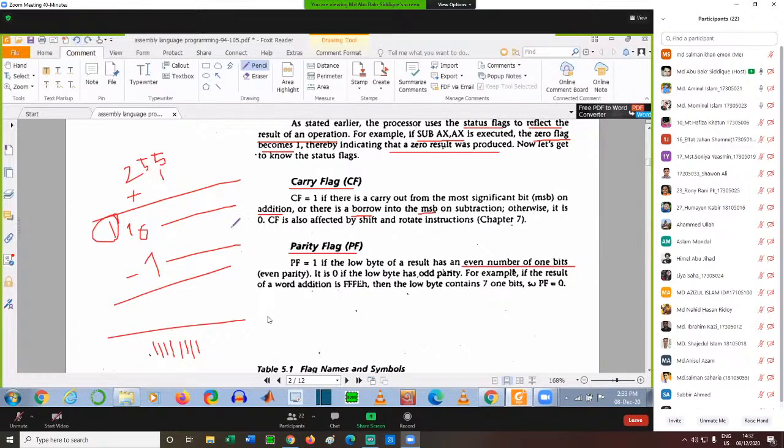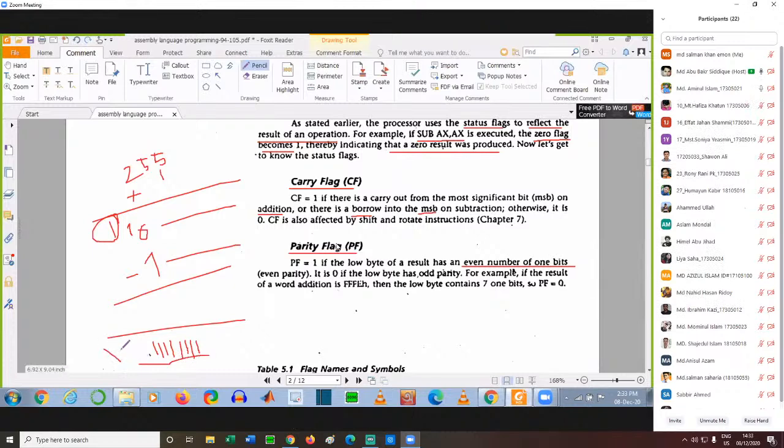Now when will PF equal 1? Suppose you get a result and you only consider the low byte; don't consider how many 1s or 0s are in the high byte. PF equals 1 if the low byte of a result has an even number of 1 bits.